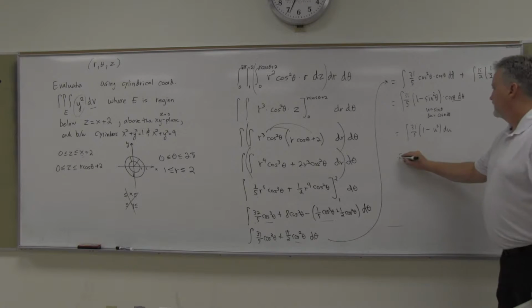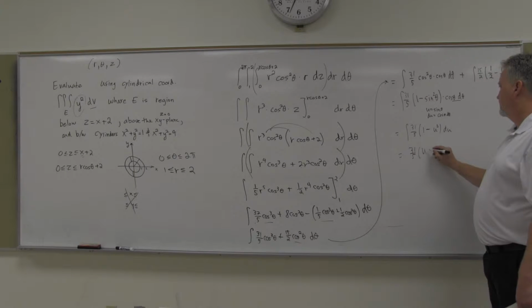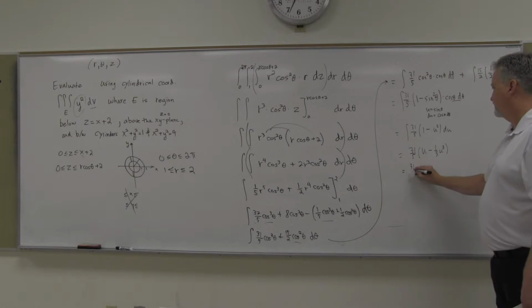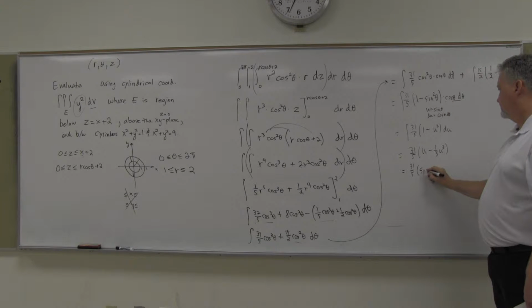So we got 31/5 times u minus 1/3 u cubed, which is 31/5 times sine theta minus 1/3 sine cubed theta.